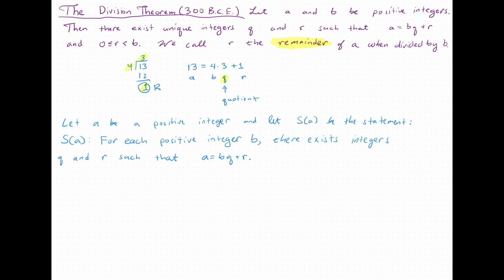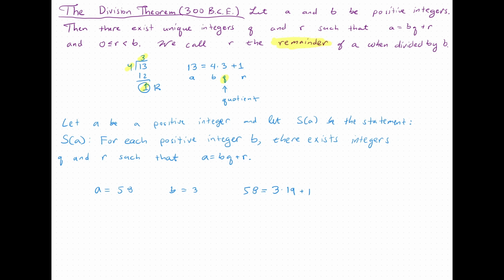And so what I am going to do to finish it off for today is do an example, a concrete example where we can see how the inductive step occurs. So for example, let us take A to be 58 and B to be 3. Then what we end up getting is that 58 is equal to 3 times 19 plus 1.